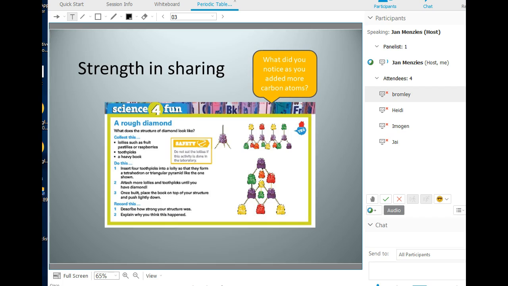Oh, have you had a shot at making diamond lattice? Has anyone done that? Heidi, would you tell the class or Emmy what happened and what you observed when you were making it?